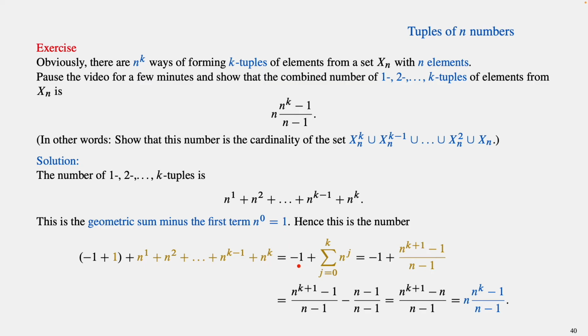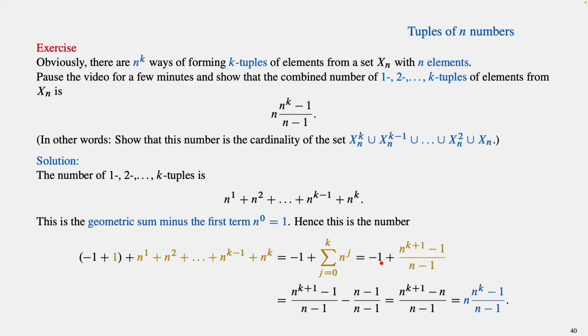So I have minus 1 plus the geometric sum from 0 to k. And I can replace this by the formula we just obtained before. So I have minus 1 plus n to the power of k plus 1 minus 1 divided by n minus 1.